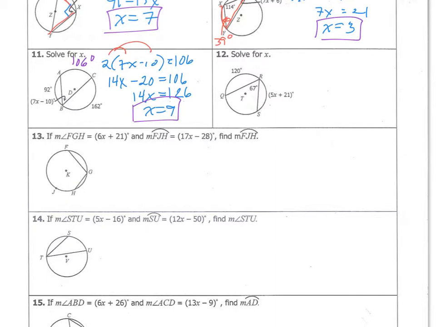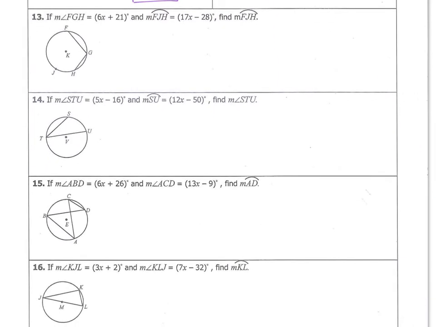All right, then we're going to head to number 14. So as you look at number 14, they give you a lot of information in the direction, so I would actually write that on my circle. As you look at this, is TU going through the center? No, just barely not. So this is not a diameter, but this is the arc that we're looking at that's intercepted.